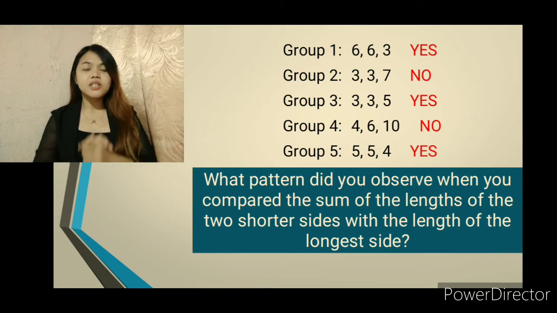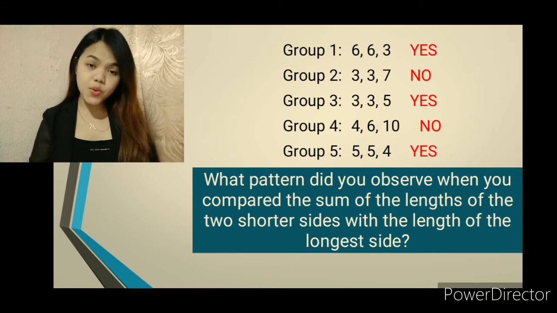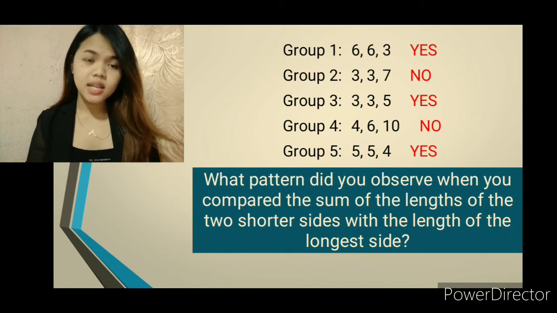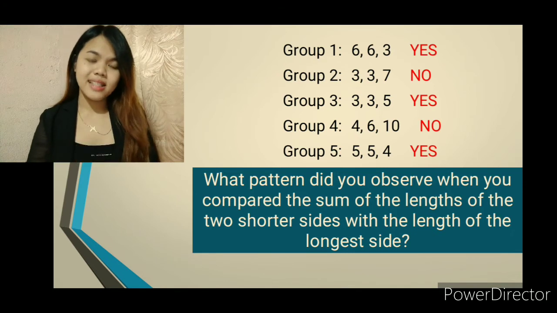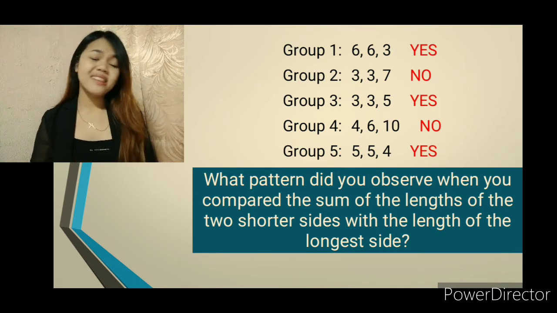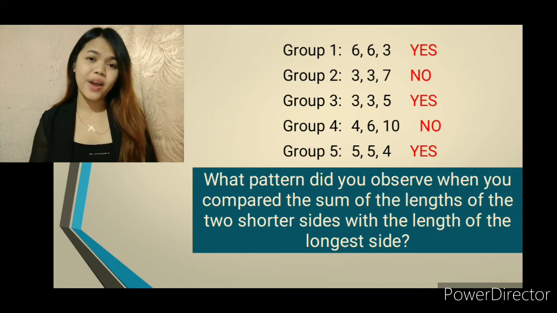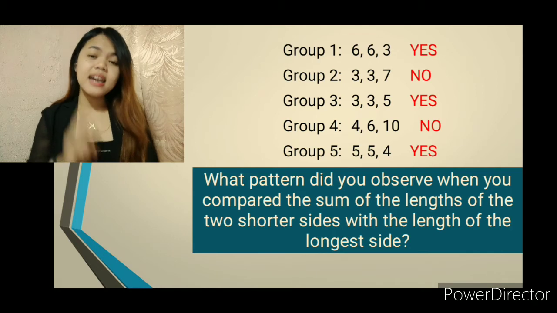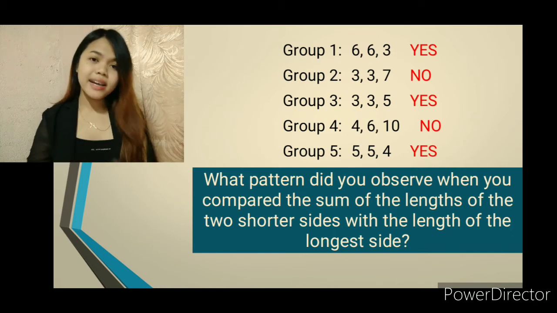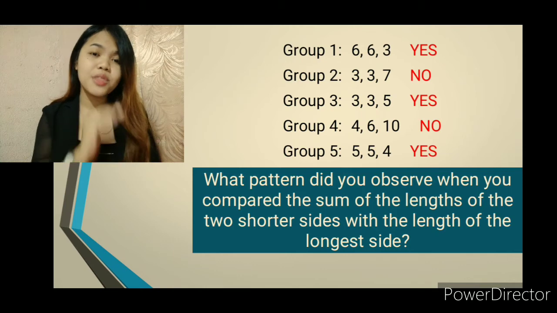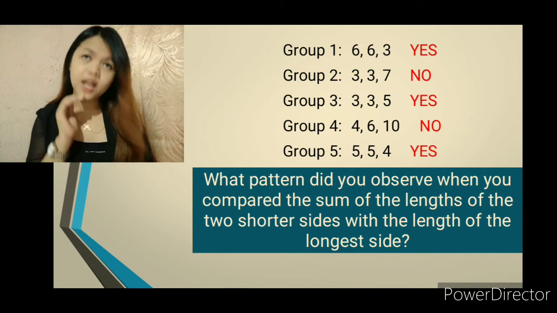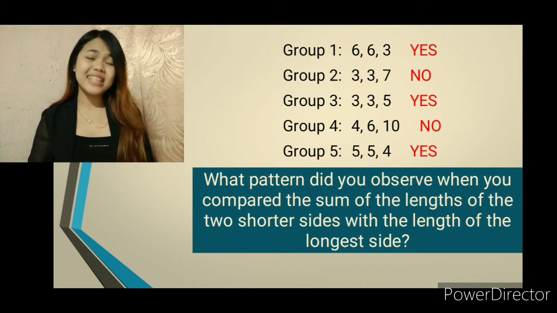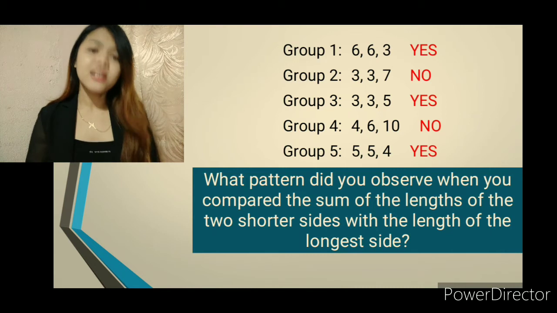If the sum of the two shorter lengths is equal to the longest length, then it cannot form a triangle. Again, if the sum of the two shorter lengths is equal to the third side, the longest side of the triangle, then it cannot form a triangle.